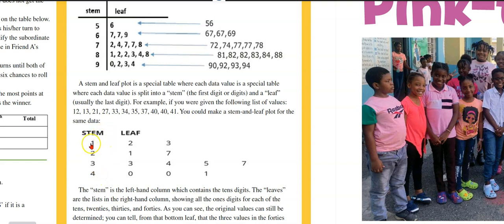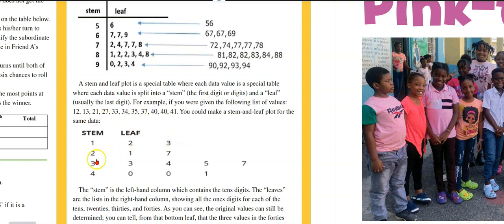You would have on the stem 1. On the leaf you have 2 and 3. So you'd have 10 plus 2 is 12, and 10 and 3, that's 13. So we take care of those numbers.